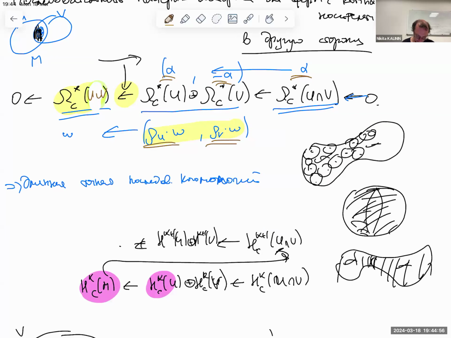And then construct the sequence. Now I have a map from H k plus 1 to H m.